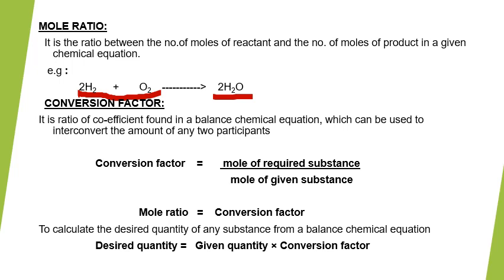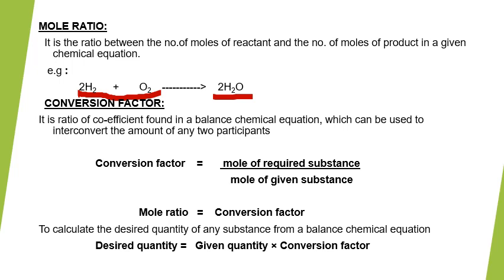Now here, if you are given the question that if you are provided 4 moles of H2, then how many moles of water will be produced? So what you have to do? According to this equation, the conversion factor or the mole ratio will be 2 upon 2, right?